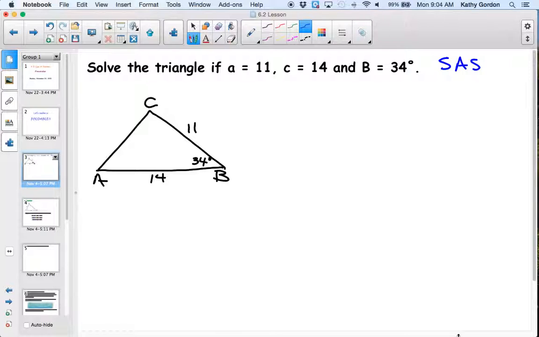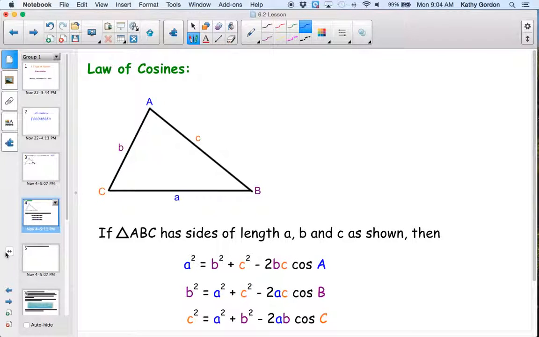An SAS triangle is a situation where we have to use the law of cosines. Okay? And so what does the law of cosines say? So we've got the same kind of triangle setup as we had last class. Triangle labeled with A, B, and C for angles. Opposite sides are lowercase a, b, and c.